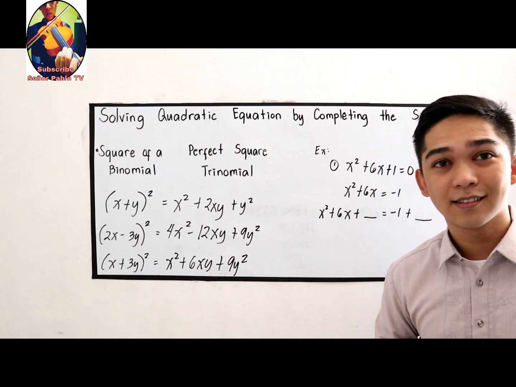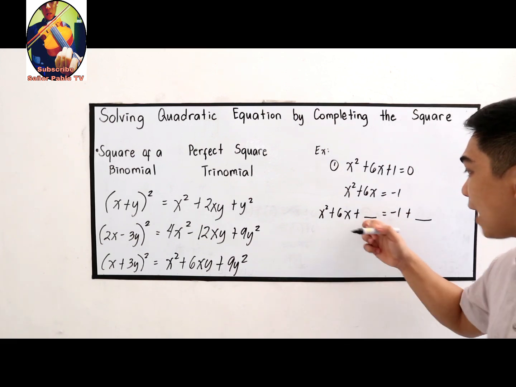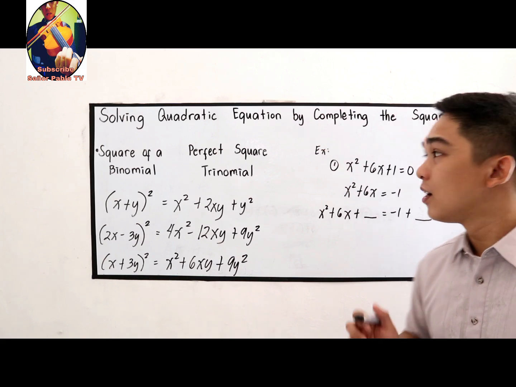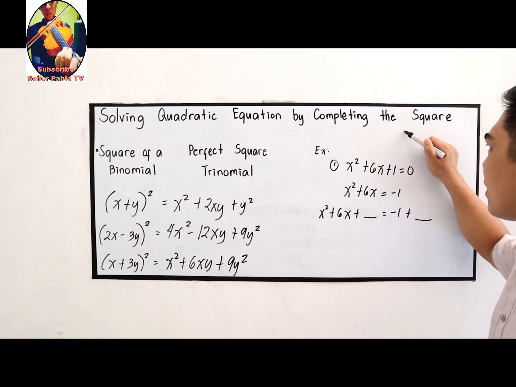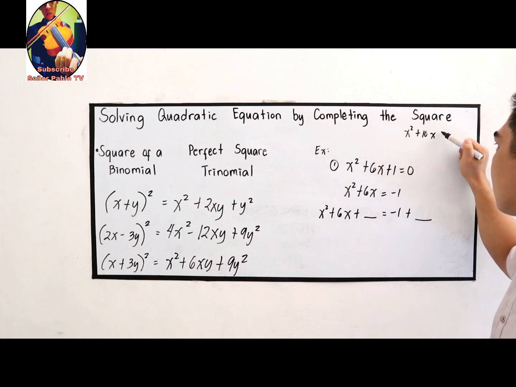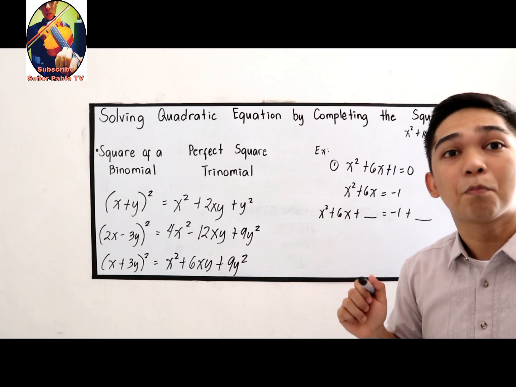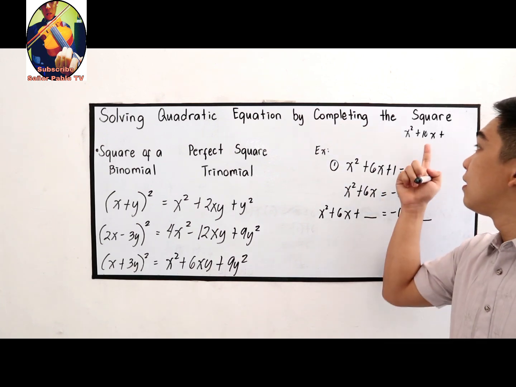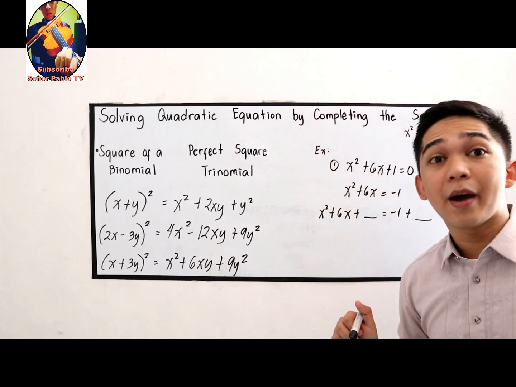Equal pa din sila. Now, paano siya magiging perfect square trinomial? So, let's say meron tayong x squared plus 10x. Para maging perfect square trinomial siya, ang gagawin lang natin, divide the middle term by 2.